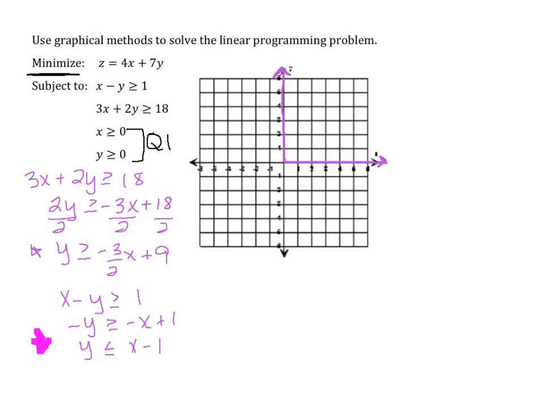So we're going to go up 9: 1, 2, 3, 4, 5, 6, 7, 8, 9. Up here. And we have to go down 3, to the right 2.